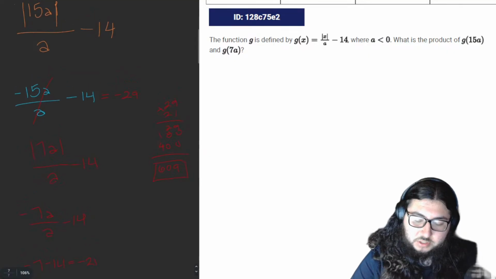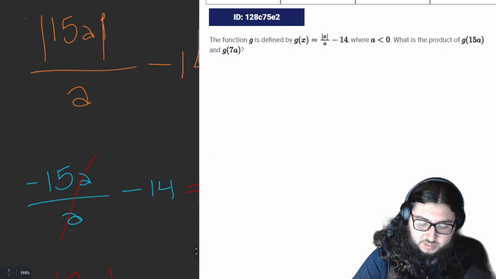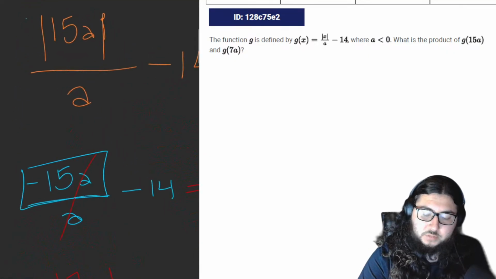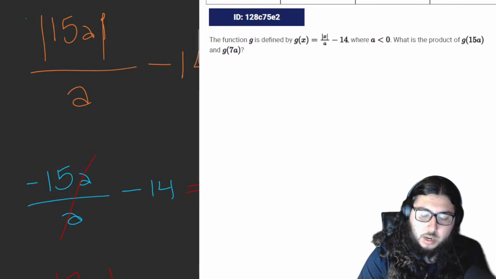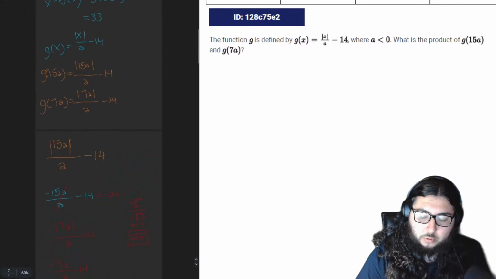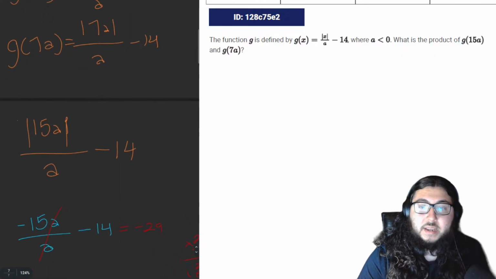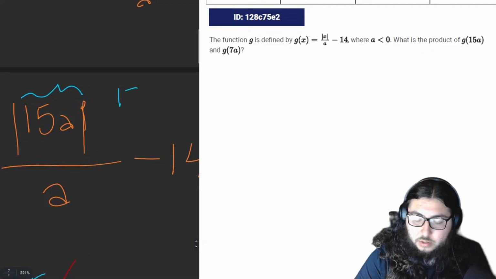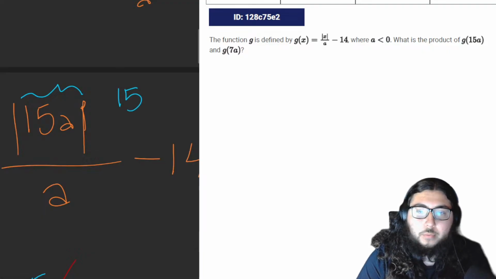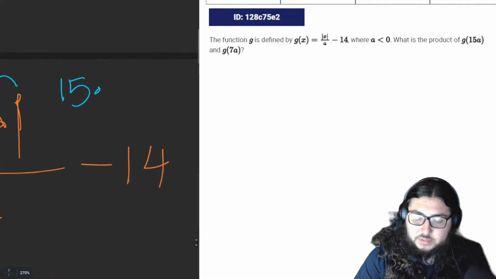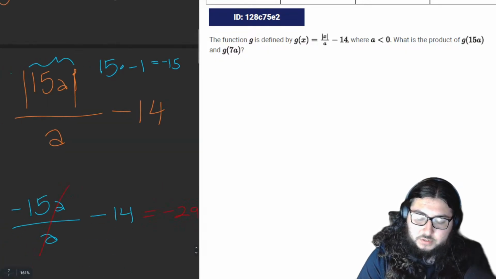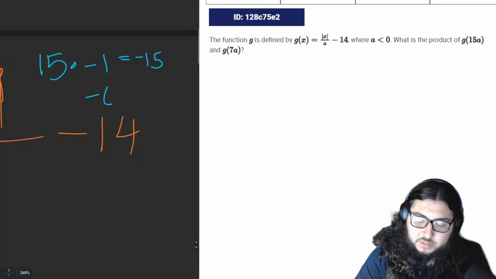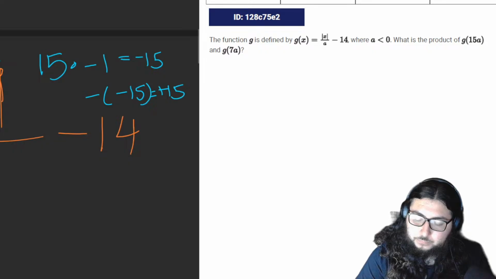So if anybody has any questions as to where we got this negative 15a result, I think that'll be the most confusing part of this question. And I'll re-explain it once more. So the fact that a is less than 0 means that this entire result, 15, let's say that it were negative 1, for example. 15 times negative 1 is equal to negative 15. So the absolute value of negative 15 is negative times negative 15, which is just positive 15.